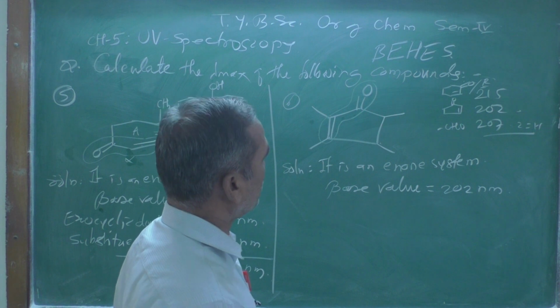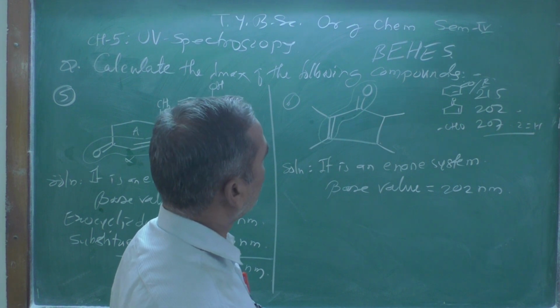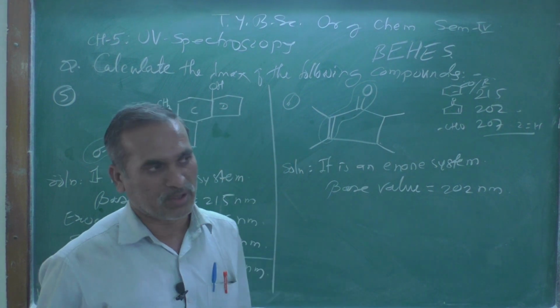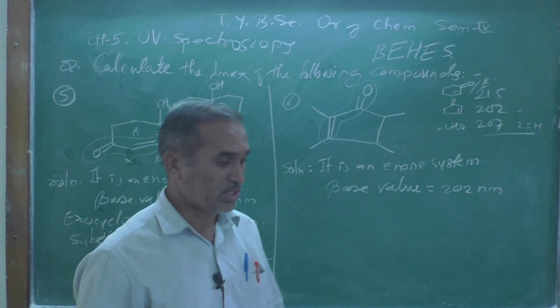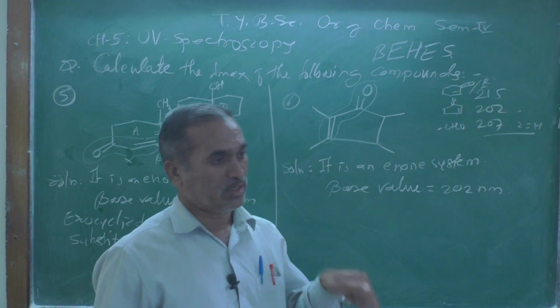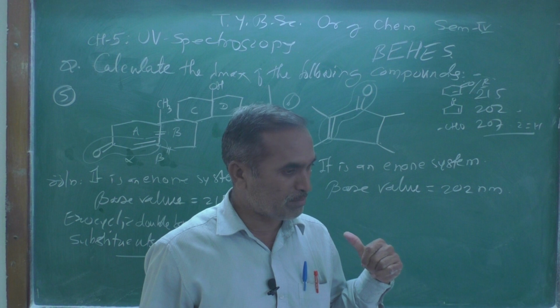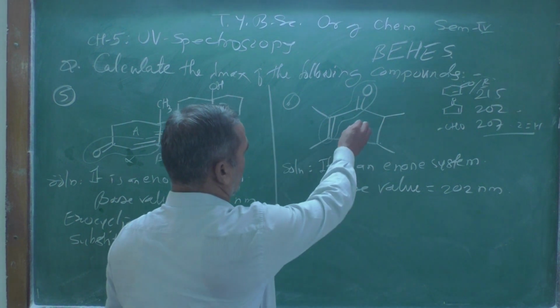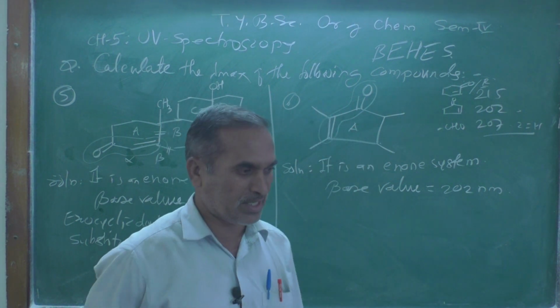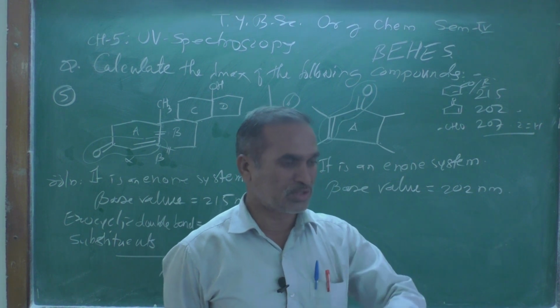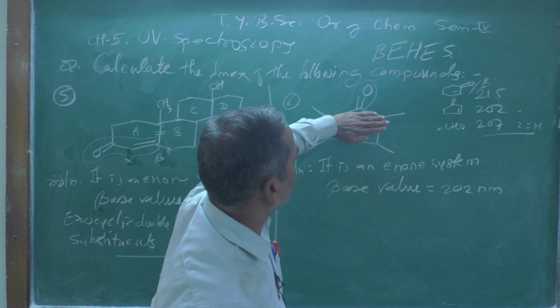And now the second one, E. E stands for exocyclic double bond. Is there a ring present in this compound? Yes, it is a ring, so only one ring is present. You can label it as a ring.